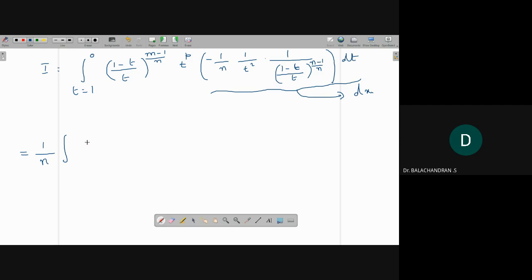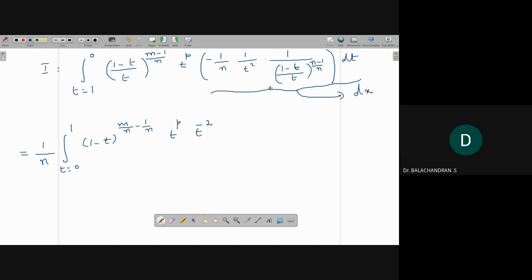And then for this minus, you need to interchange the limits, so from t equal to 0 to 1. Now, what is (1 minus t) whole power m by n minus 1 by n, t power p, and then t power minus 2?